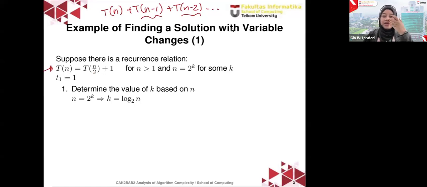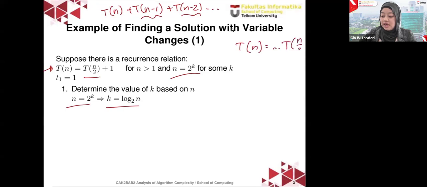So how we can do it, just like usual, if we have Tn over 2, for example, then we will assume that n is a power of 2. So it is 2 to the k for some k. And from that, we know that k is log n base 2. If we have Tn is something times T of n over 3, then we will assume that n is 3 to the k, and so on.